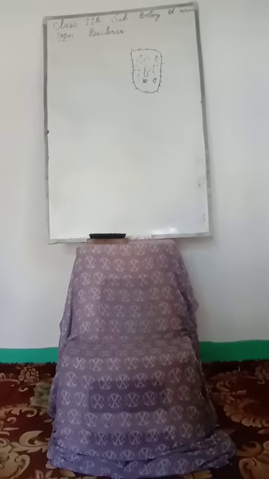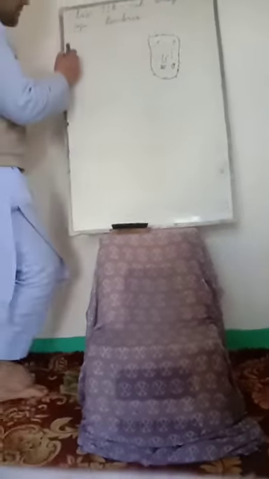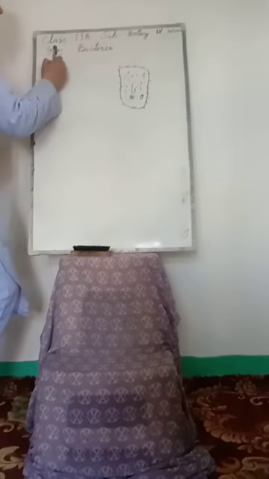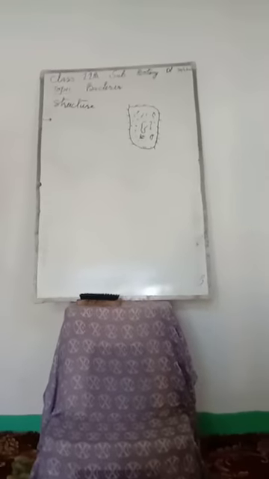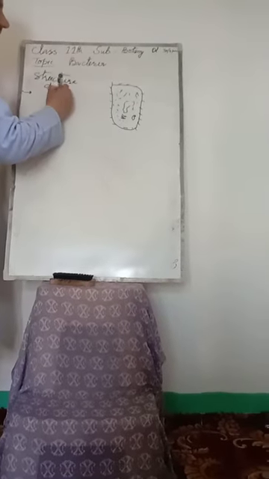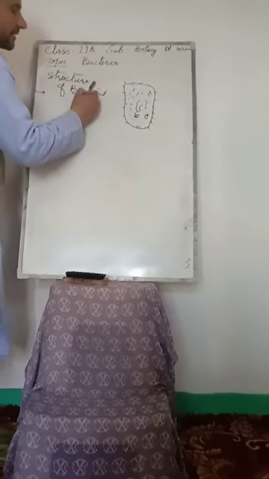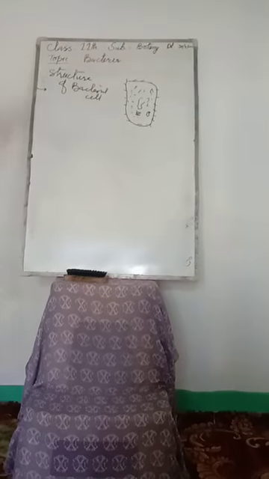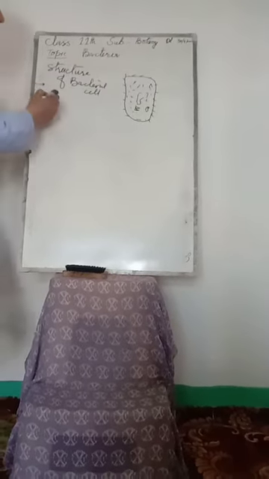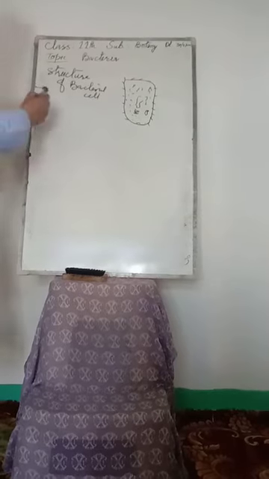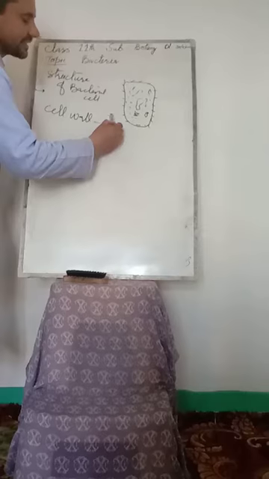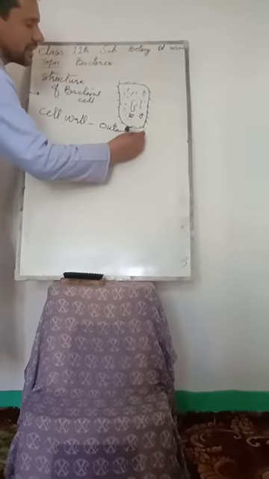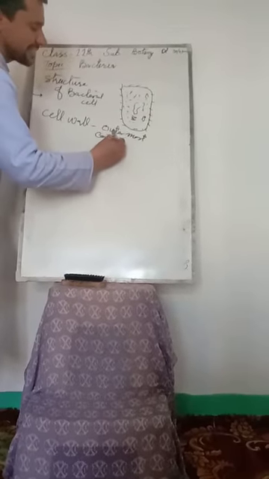As far as the bacterial cell is concerned, the outermost covering of the bacterial cell is called the cell wall.